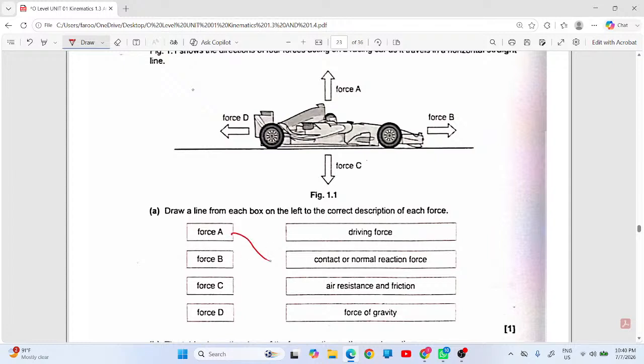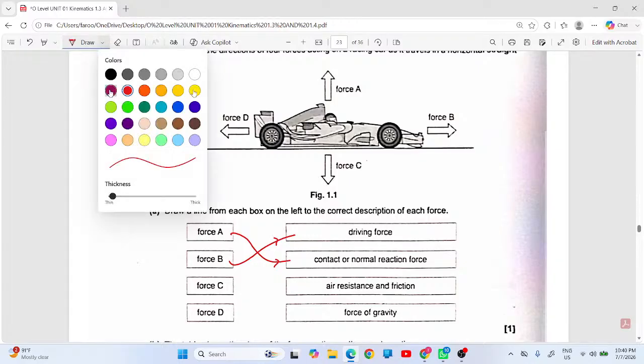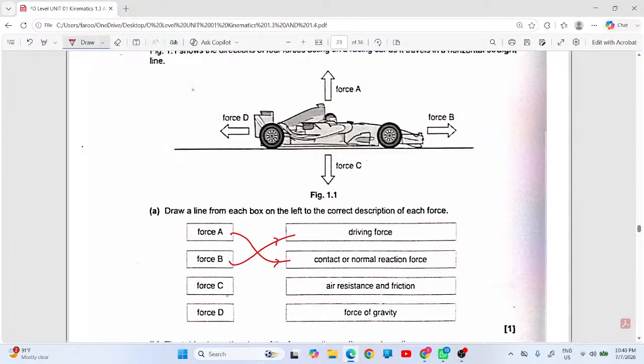B is the driving force provided by the engine. C is the gravitational force, the force of gravity, and D is the air resistance and friction.